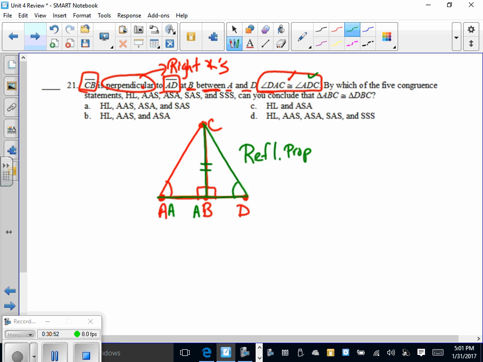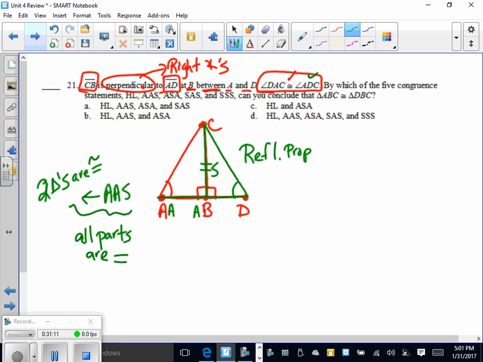So I have angle, side. Since the two triangles are congruent by angle, side, then that means all their parts are congruent, which is the CPCTC.